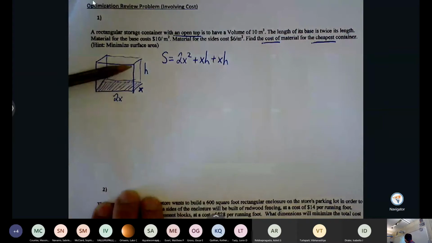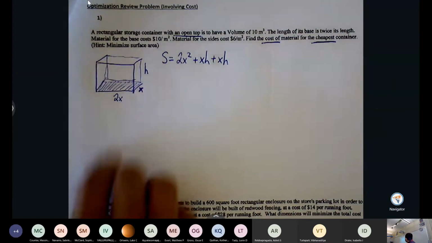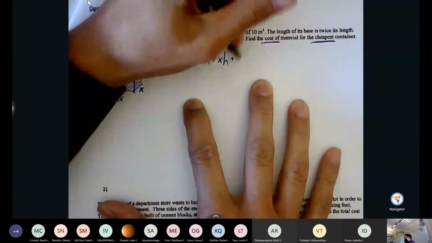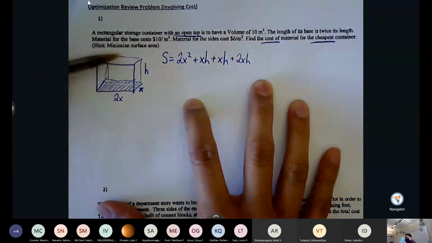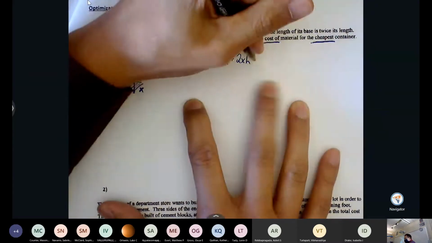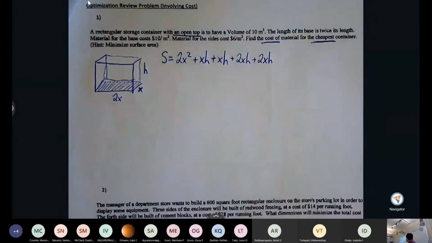What about the front-facing vertical side? 2xh. We also have a back-facing vertical side. That's also 2xh. So we're not memorizing anything, right? We're just building each of the sides as we come across it.